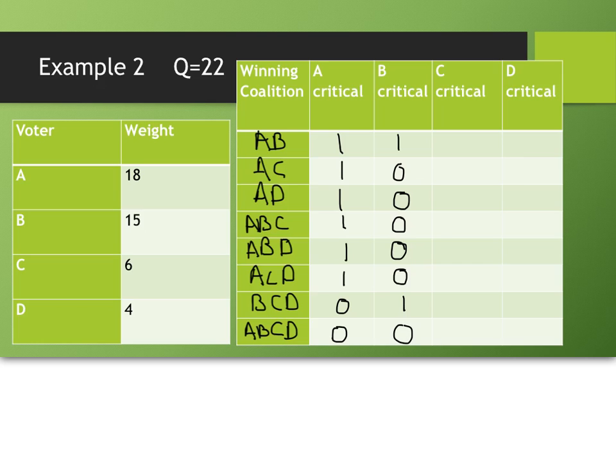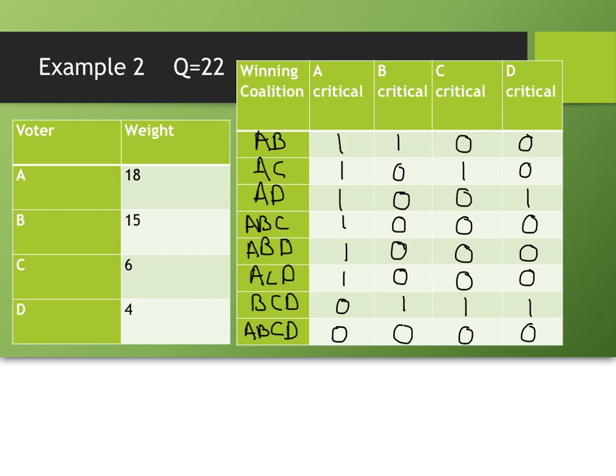Okay, C is critical, not here, yes, no, no, no, no, yes, no. D is critical. No, no, yes, no, no, no, yes, no. All right? So that's looking at it. I know I did that very fast, but again, take your time and do this right when you're taking a test or you're doing a quiz.